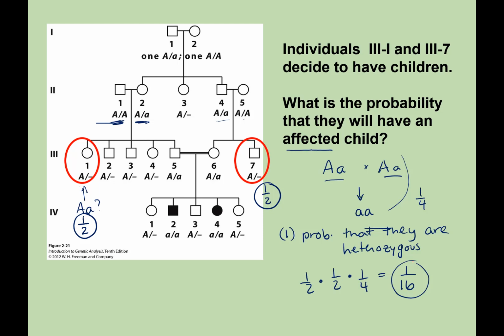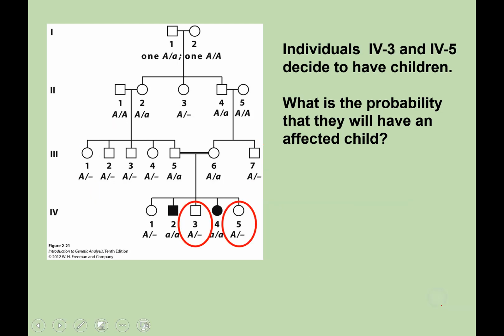Let's look at a different one. Same pedigree. And now, unfortunately, we're going to pretend these people were separated early on, didn't know each other, decided to have children together. Right? Just for hypothetical sake. Okay.